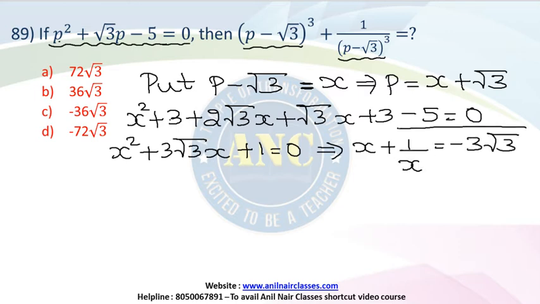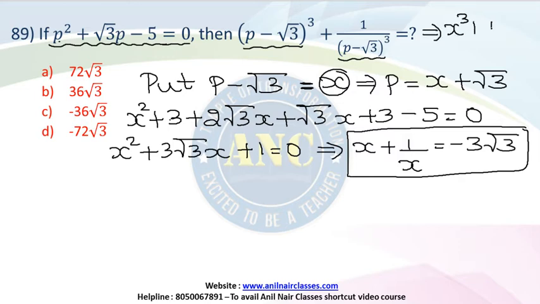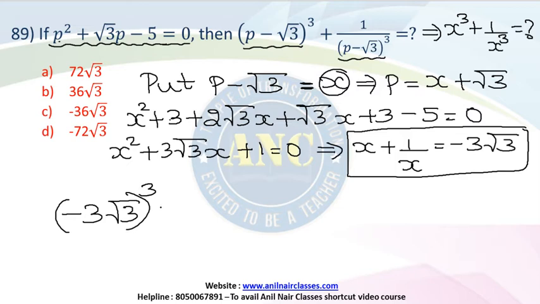X plus 1 by x value is minus 3 root 3, and we know that p minus root 3 is nothing but x. So in the question they are asking you to find x cube plus 1 by x cube value. So whenever I know x plus 1 by x value as minus 3 root 3, x cube plus 1 by x cube will be minus 3 root 3 whole cube minus 3 times of minus 3 root 3.